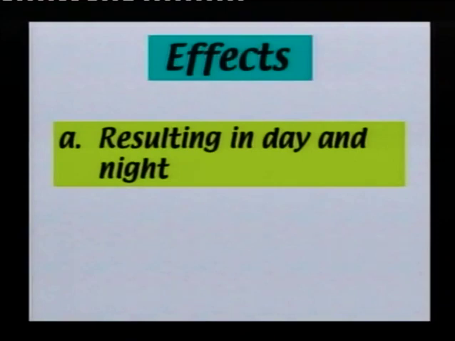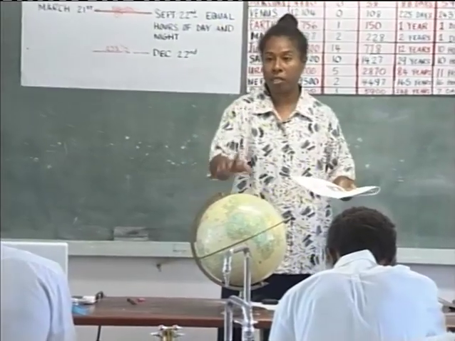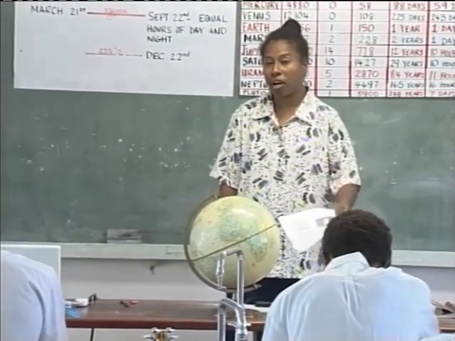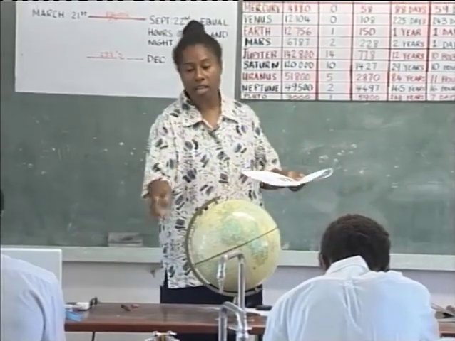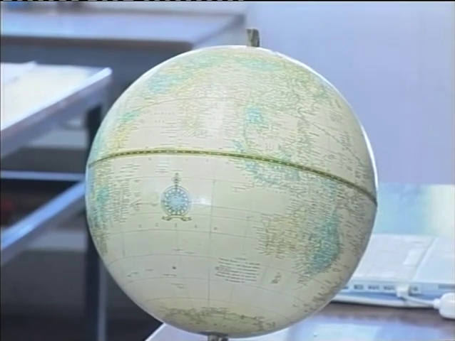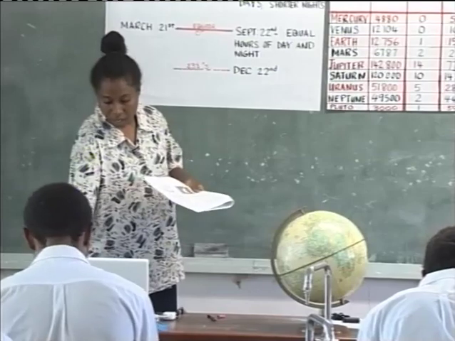The areas of the Earth that are directly in line with the sun experience daytime, or the sun shines directly on them. Meanwhile, those areas which are away from the direct rays of the sun are in the night, or they experience darkness.